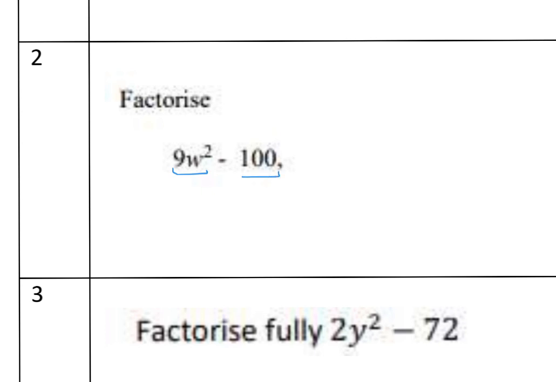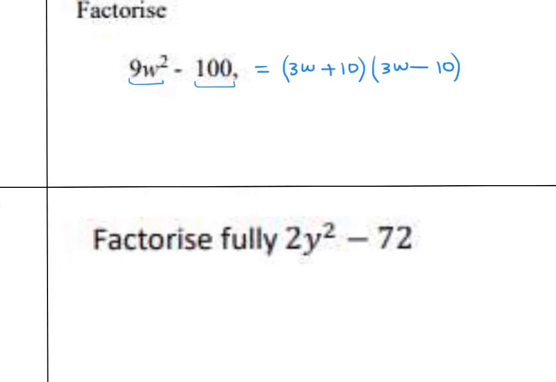The square root of 100 is 10, because 10 times 10 equals 100. So now you can factorize: 3w times 3w, 10 times 10, plus minus or minus plus. Okay, this is number 2.